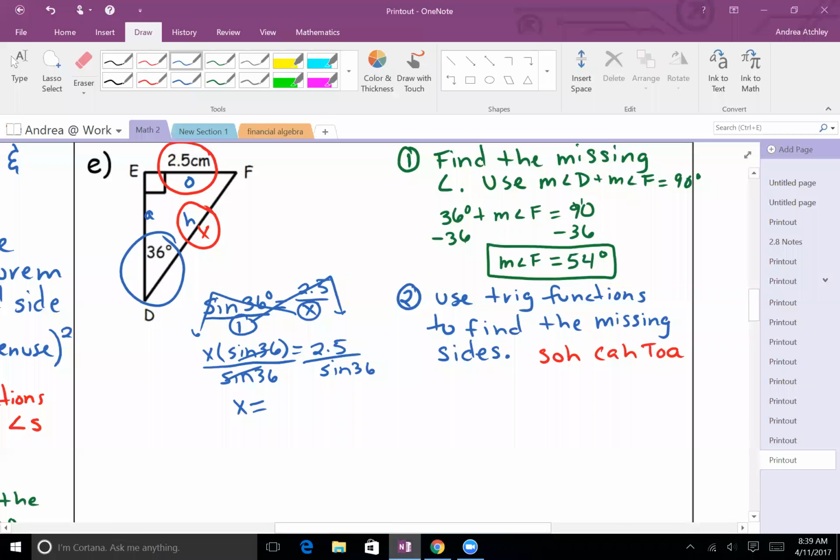That would be 2, not 3. 4.25 centimeters. So that would be DF. Okay, we have one more side to find.